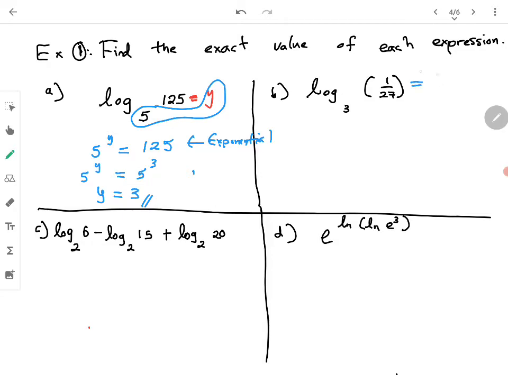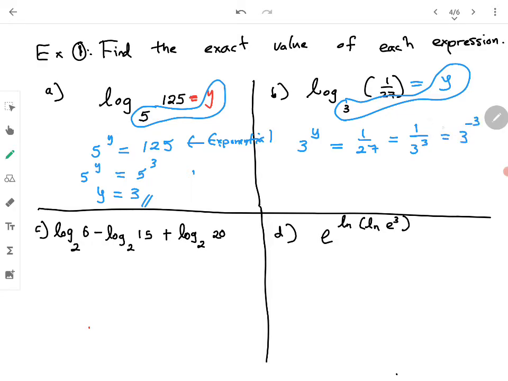So let's do this second part. So we want to find log 3 of 1 over 27. So let's say that value is equal to y. Next, write it in the exponential form. So 3 to the y is equal to 1 over 27. Now write 1 over 27 as a power of 3, the base. So 27 is 3 cube.